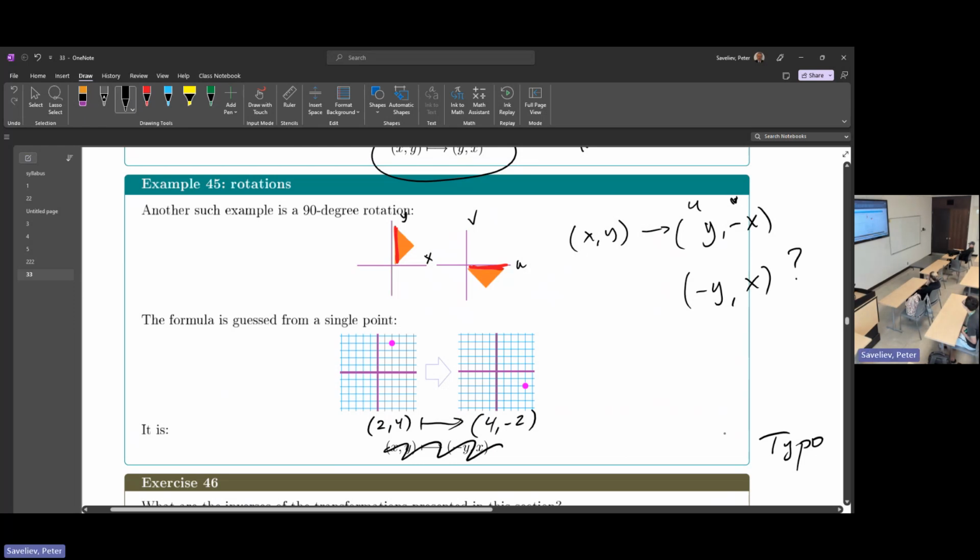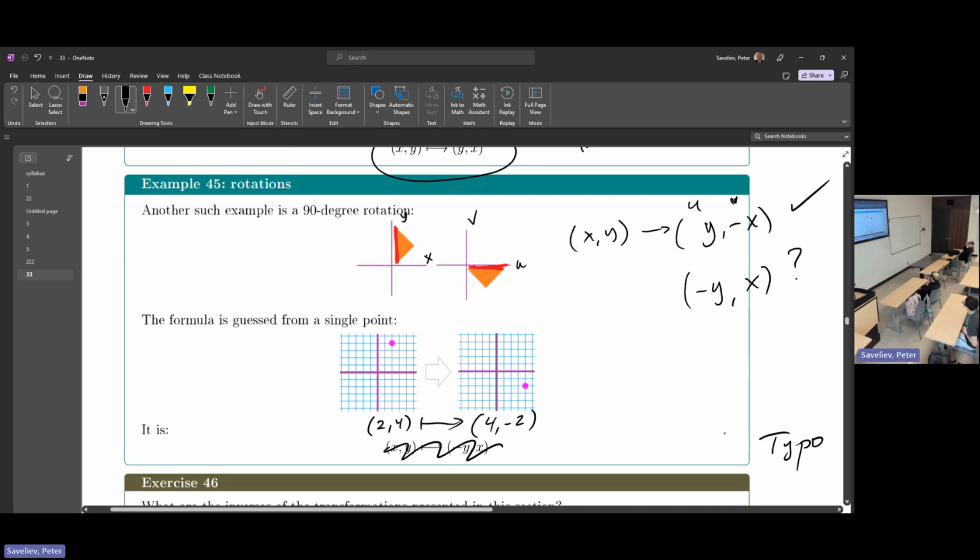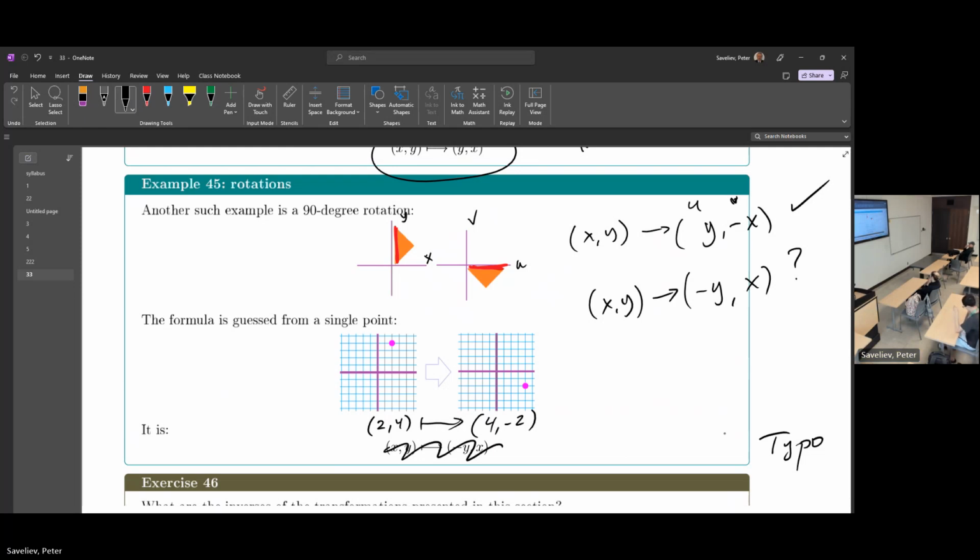What transformation is this? Well, we tested this, and now the question is that. Right, 270. I would rather say 90 degrees in the opposite direction, but yeah.